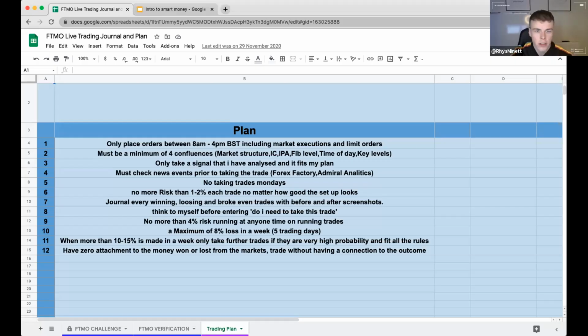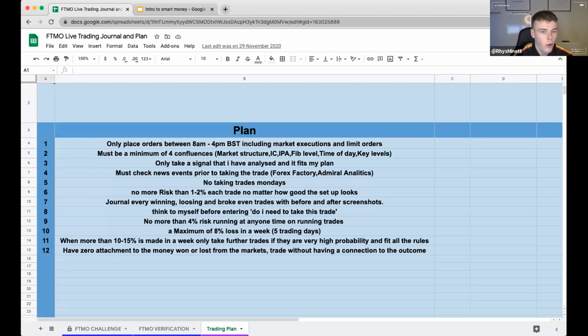Cool. If you guys want to take screenshots of this, feel free to. So this is my trading plan. Some of the stuff in here you can screenshot, like no trading on Mondays. I don't trade Mondays. This is my FTMO account.